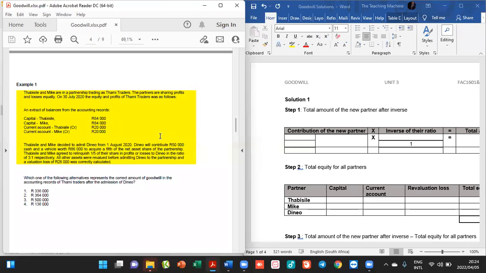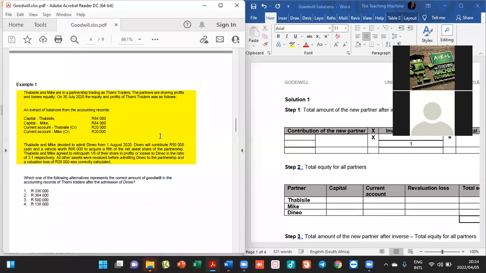With example 1, we are given information that relates to Tapsile and Mike, who are trading as Tammy Traders. They are in a partnership and they share profit and loss equally. Equally means 1/2, or you divide whatever profit or loss they make by 2.